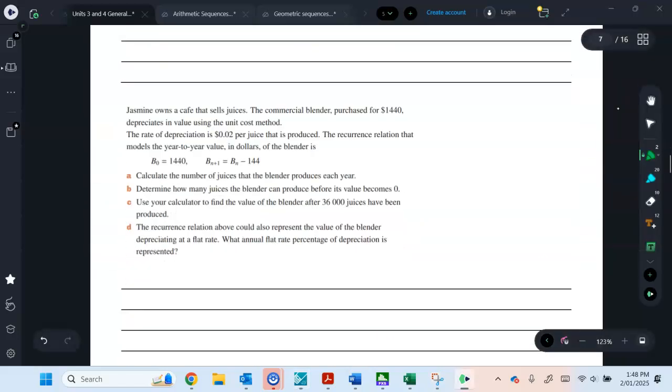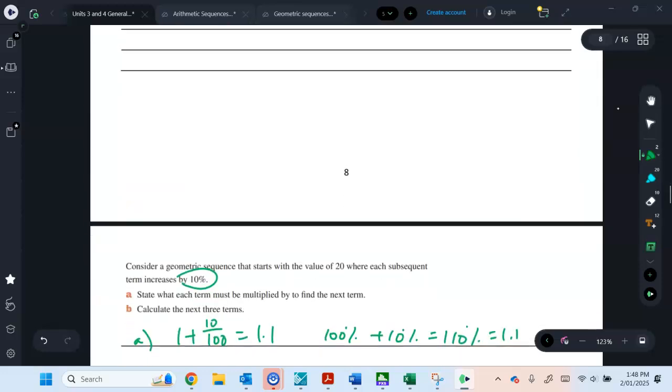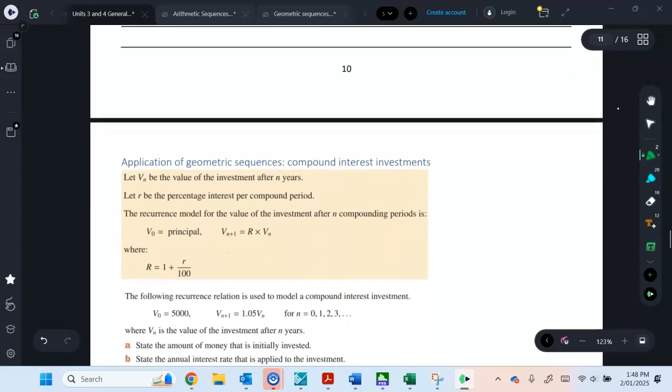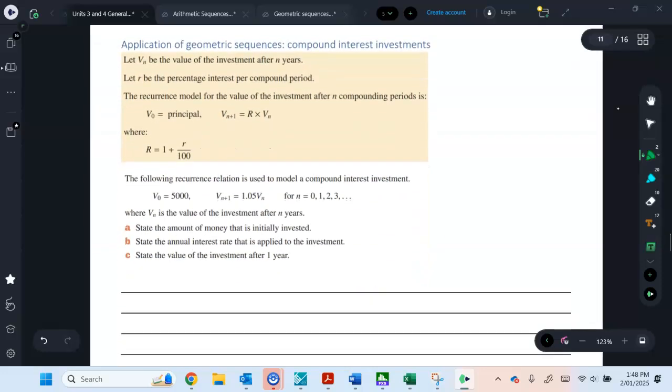Let's go to geometric. Here we've got geometric, common ratio. We're only looking at the basics. In another video, we're going to look at ones where you've got repayments and different compounding periods. This is just your basic stuff.